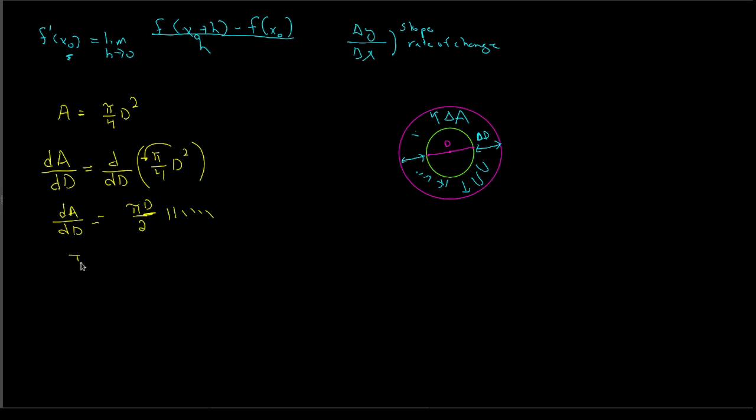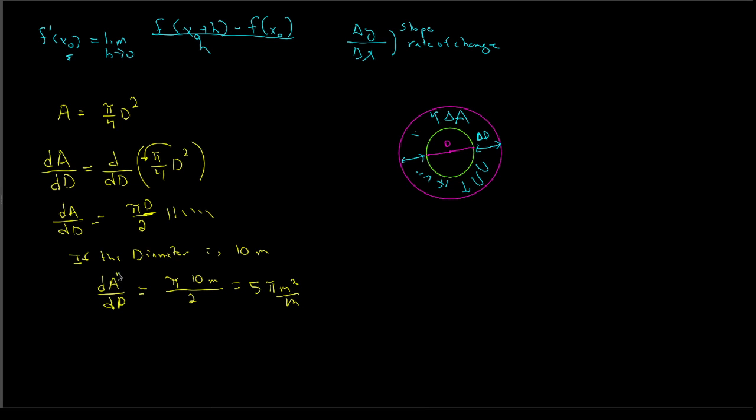So if the diameter is 10 meters, then the change of area with respect to diameter would be pi over 2 times 10, and so it would be changing 5 pi meters squared per meter, right?